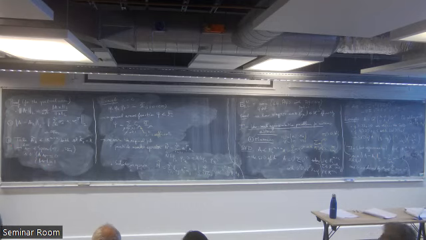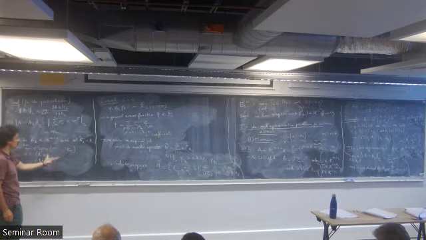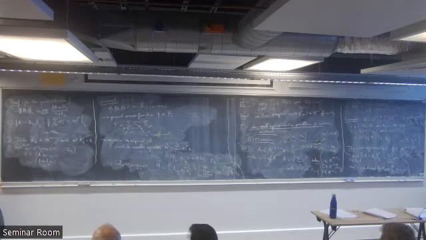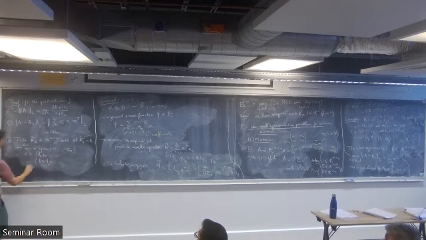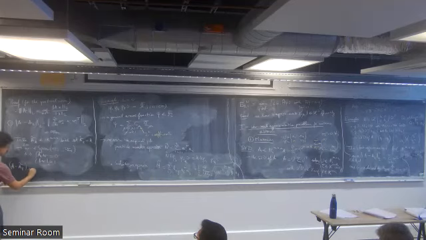Here I just have K independent columns, and then here I have K plus 1 degrees of freedom, so this vector exists. Then I just compute A minus A tilde K applied to W.